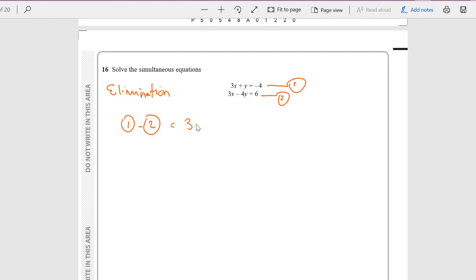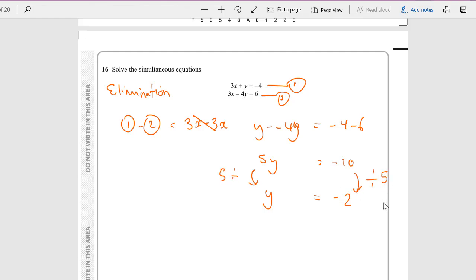So that means 3x minus 3x cancels. We have y minus 4y, and that equals minus 4 minus 6. So minus 3y... 5y equals minus 10. So y equals minus 2, because you divide by 5 on both sides.